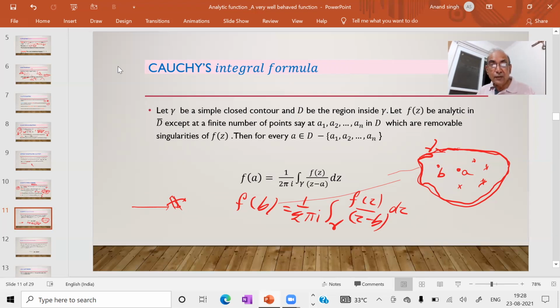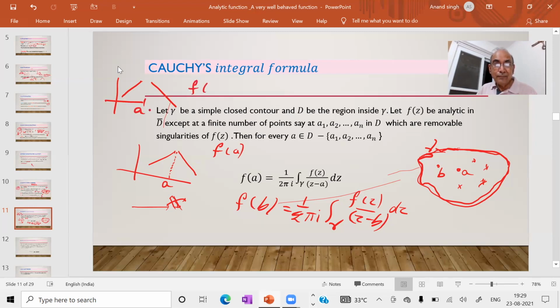Let's go back to your real analysis, the continuity. As long as there was a gap of just 1 point, I was able to calculate this particular point f of A. That's your A. I can calculate f of A. But in case there is a gap slightly bigger than 1 point, something like this, then if I'm asked what is your f of A, it will not be possible.